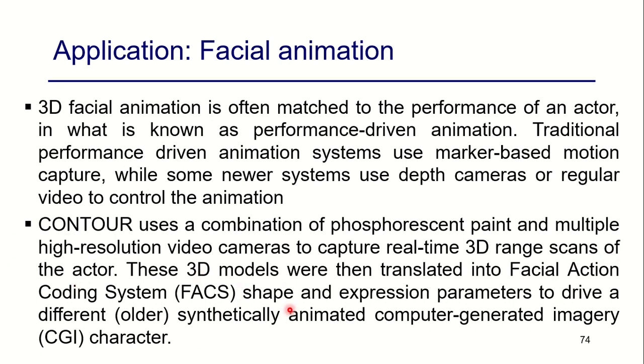These 3D models were then translated into Facial Action Coding System, FACS, shape and expression parameters to drive a different synthetically animated computer-generated imagery character, that is, a CGI character.